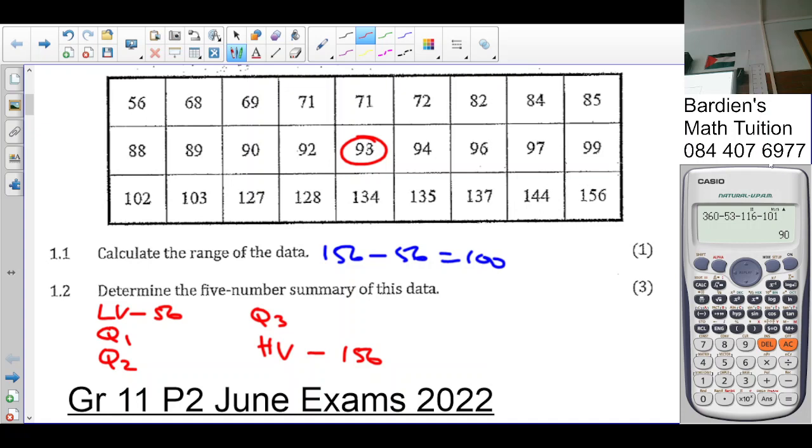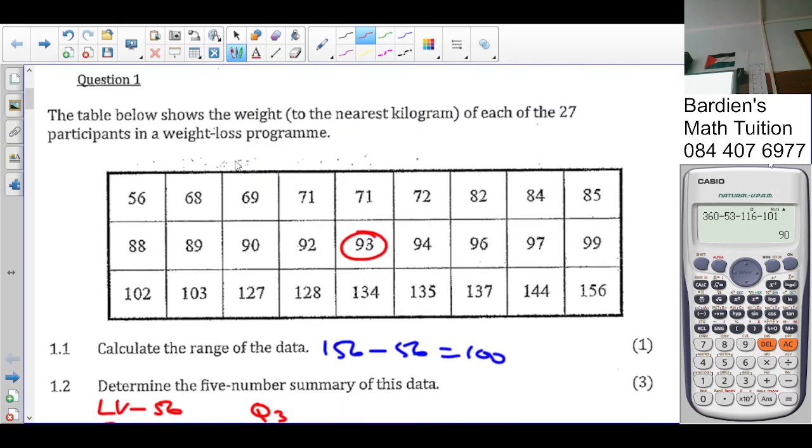Okay, so quartile 2 is the middle number of sorted data, not so? So that is 93 there. You all agree with that? Since there are 27 numbers, how many numbers are here? There's 27, yes.